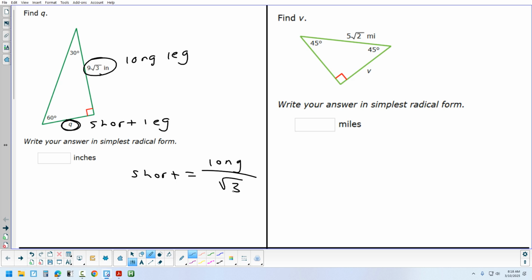So that's our formula. We're trying to find the short leg. You're going to fill in that right there. That's the long leg, 9 times the square root of 3. So 9 square root of 3 divided by, and the square root of 3 in the bottom, that's from the formula on the other page.